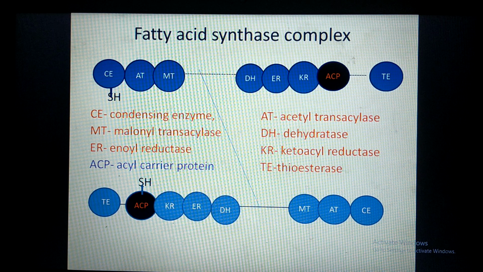Along with these 7 enzymes, one ACP or acyl carrier protein is also present in each subunit. So each subunit has 7 enzymes, and each subunit has 3 domains. The first domain is the condensing domain, the second domain is the reduction domain, and the third is the releasing domain.